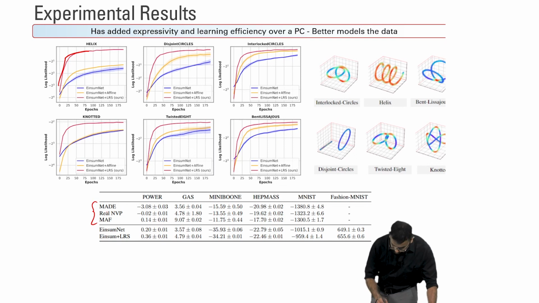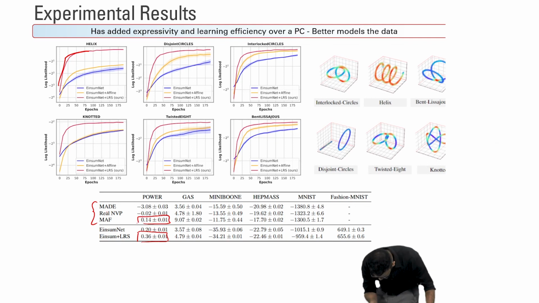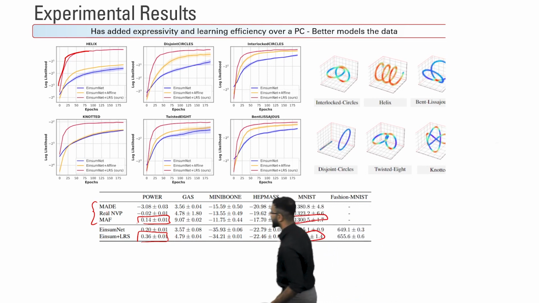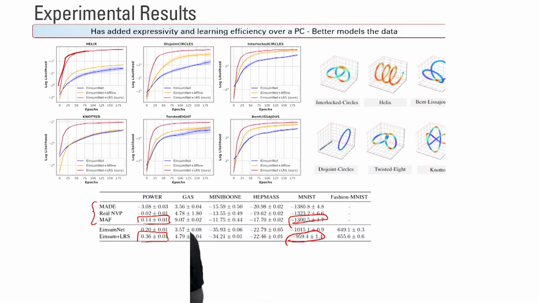And on density estimation tasks on tabular data, you are able to achieve or even outperform some of the normalizing flow models by having a PC with normalizing flow at the leaves. So it's able to achieve competitive performance as a deep generative model, but it has the added tractability.